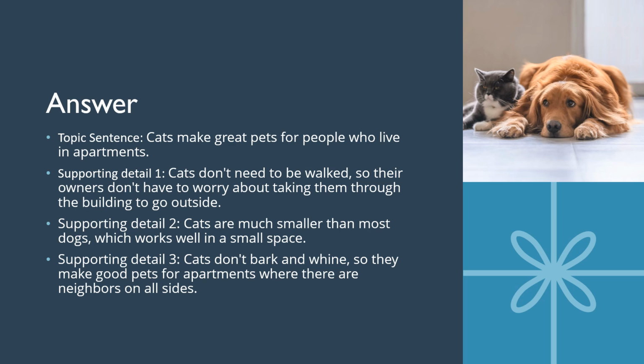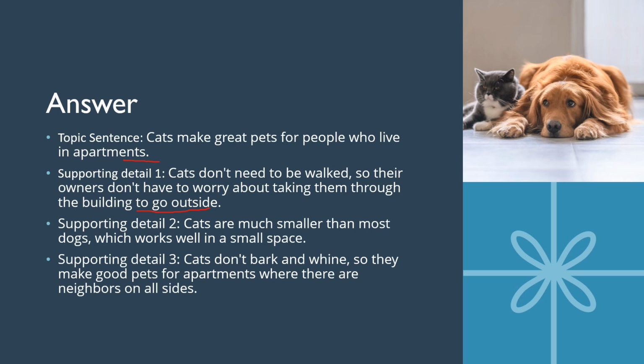Here is the answer for the earlier paragraph when we divide them into different parts. So the first part is, for the topic sentence, cats make great pets for people who live in apartments. So this is the topic sentence. The first supporting detail, cats don't need to be walked, so their owners don't have to worry about taking them through the building to go outside.